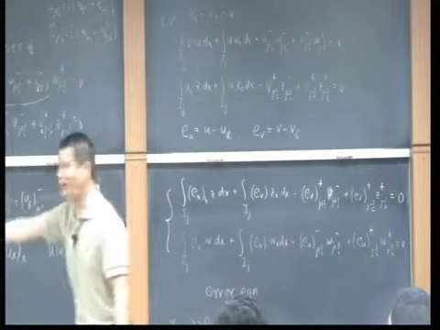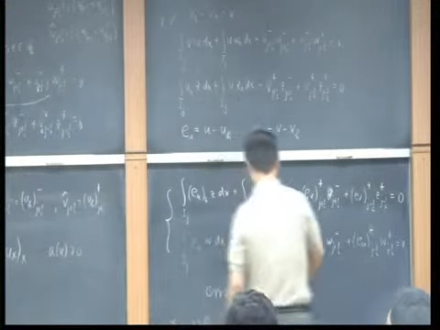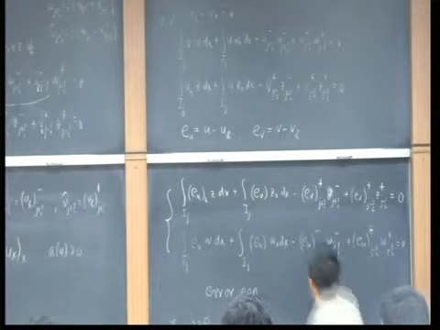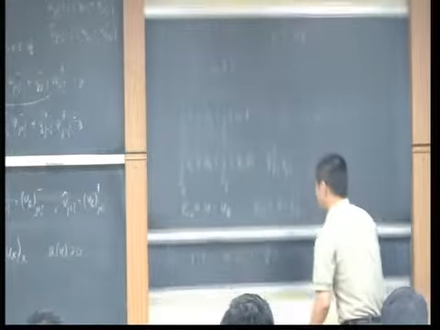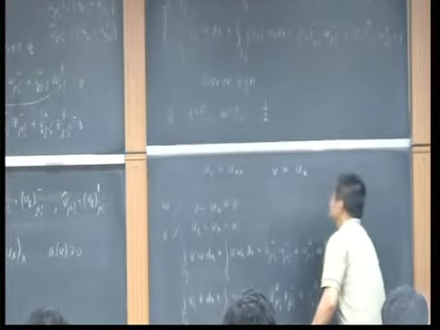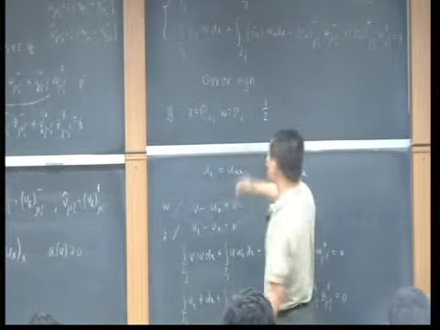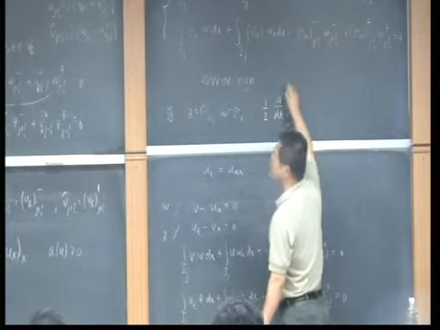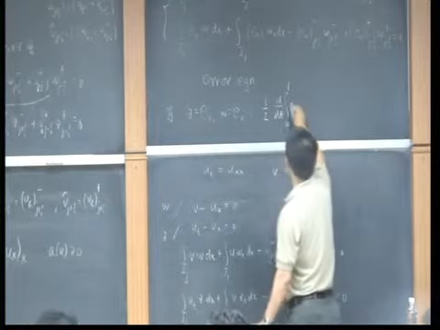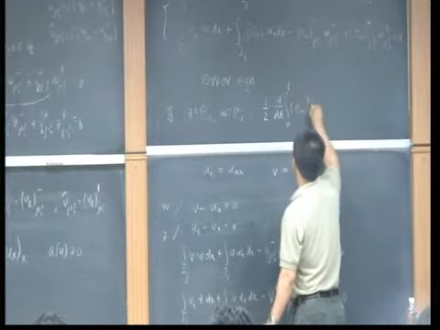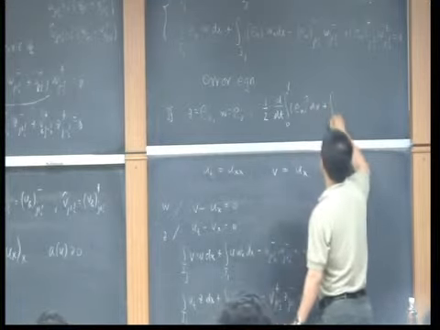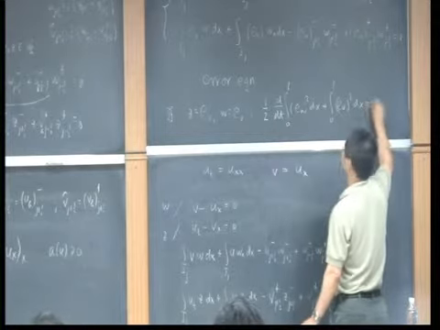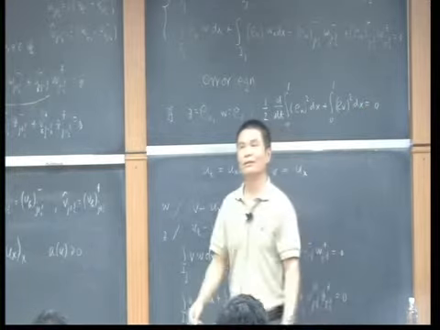Everything is algebra, right? So I would have obtained something very, very nice. It's half d/dt of the integral from 0 to 1 of EU squared dx plus the integral from 0 to 1 of EV squared dx equals 0.